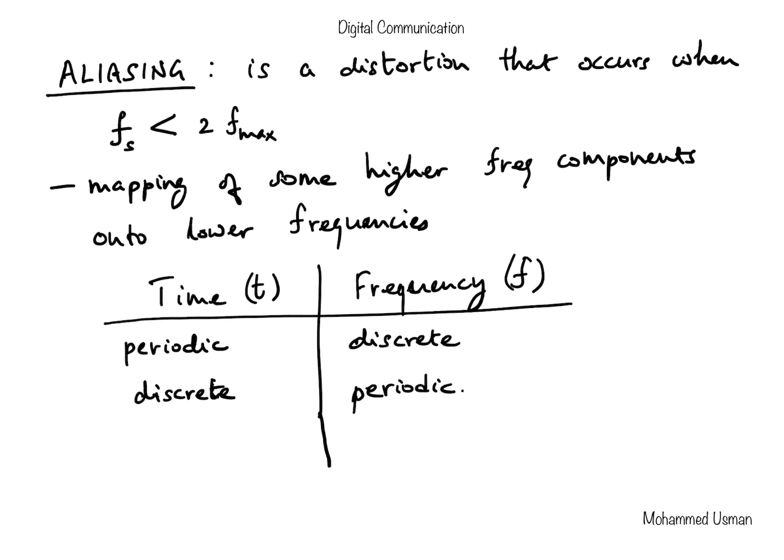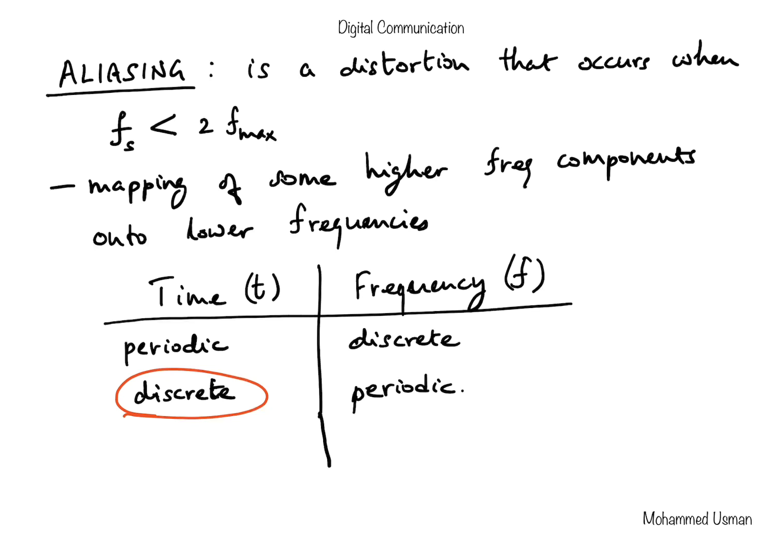And what is happening in the process of sampling? In the process of sampling, a continuous signal is being converted into a discrete signal. So the process of sampling is making the time domain signal discrete.